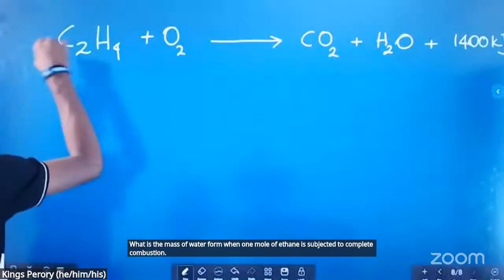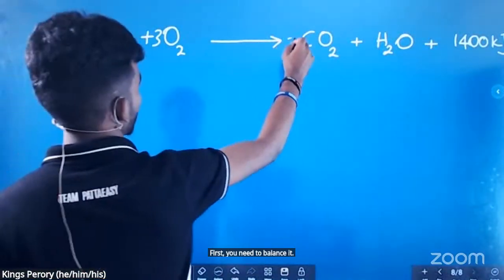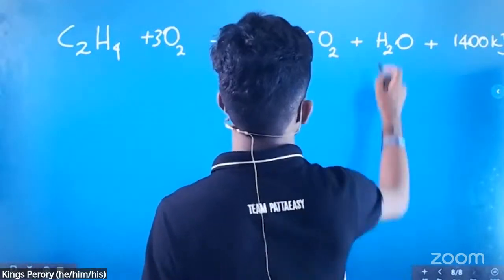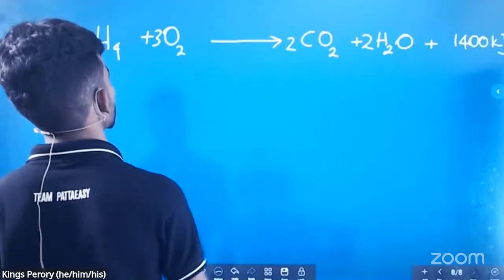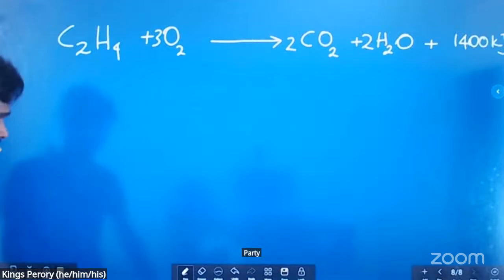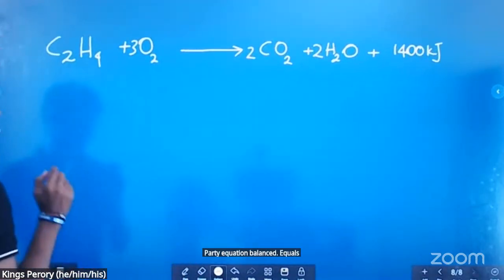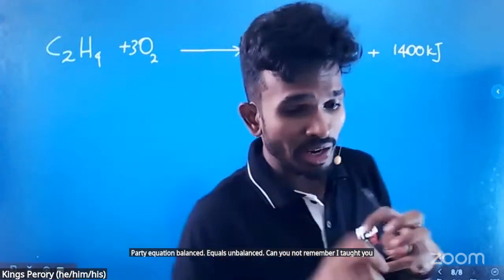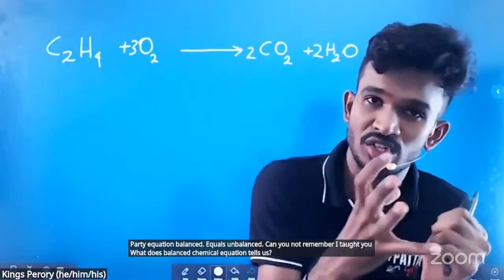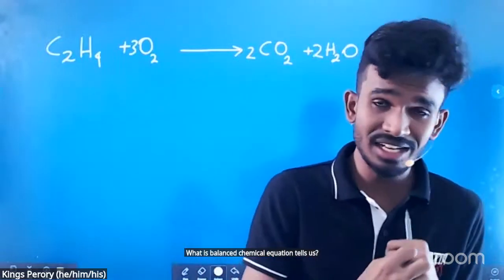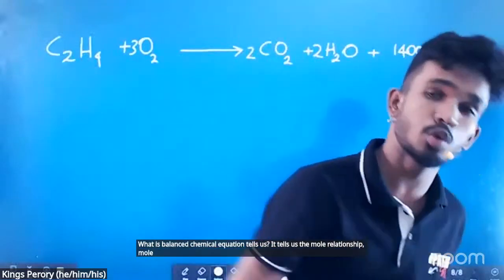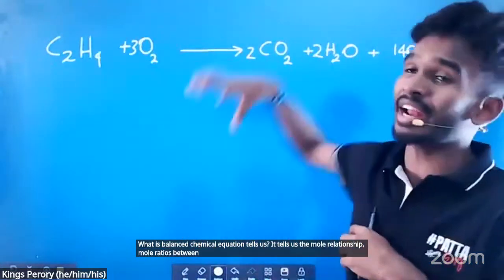First, you need to balance the equation. Can you all remember what I taught you? What does a balanced chemical equation tell us? It tells us the mole relationships, the mole ratios between reactants and products.